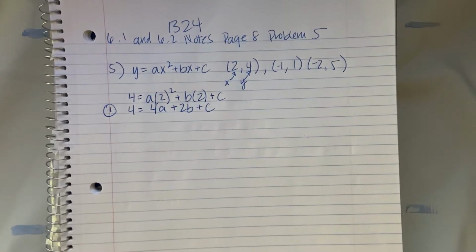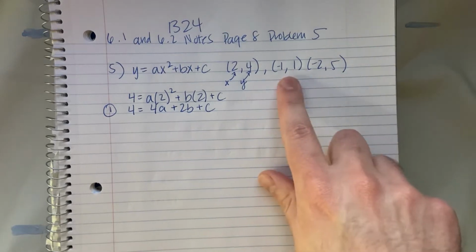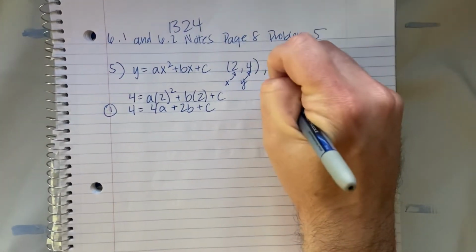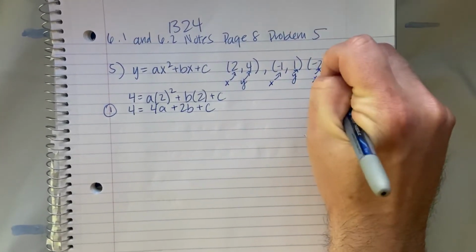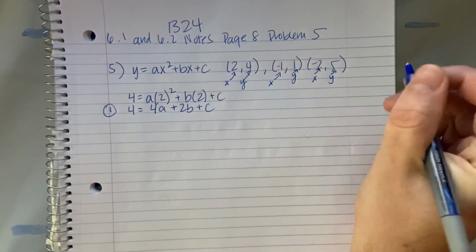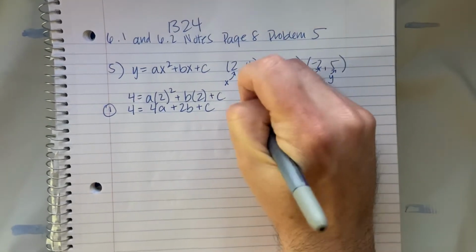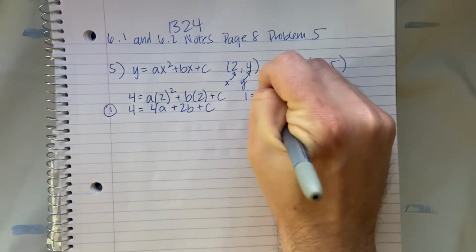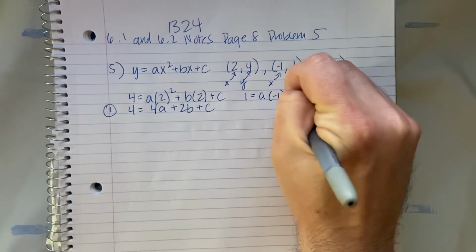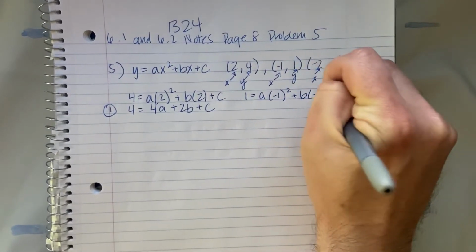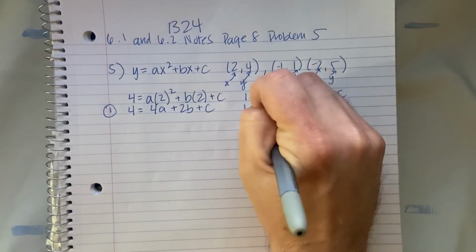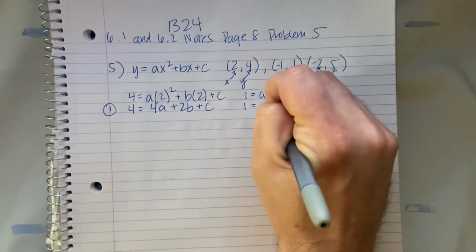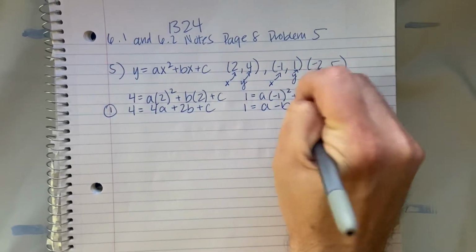Now, how many points do we have? 3. So we are going to repeat this with -1, 1 and -2, 5. Again, this is x and y. We'll do -1, 1 next. You'll get 1 equals a times -1 squared plus b times -1 plus c, which means 1 equals a, because -1 squared is just 1, minus b plus c.